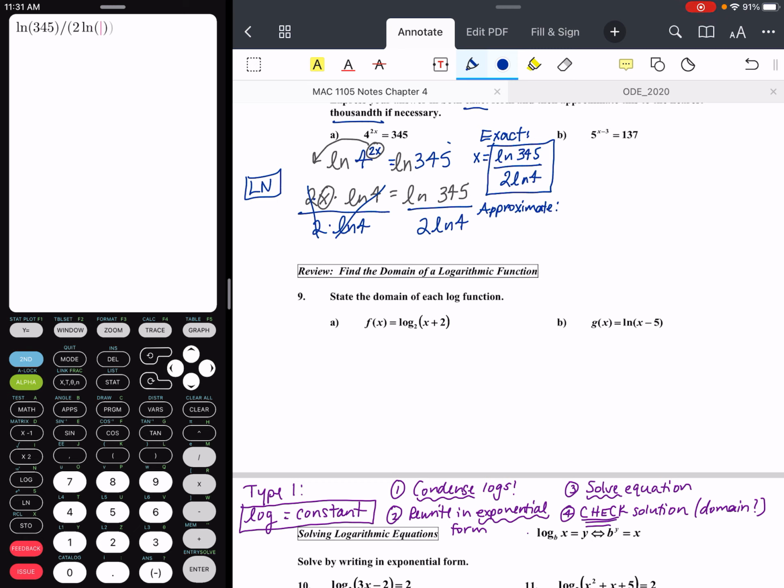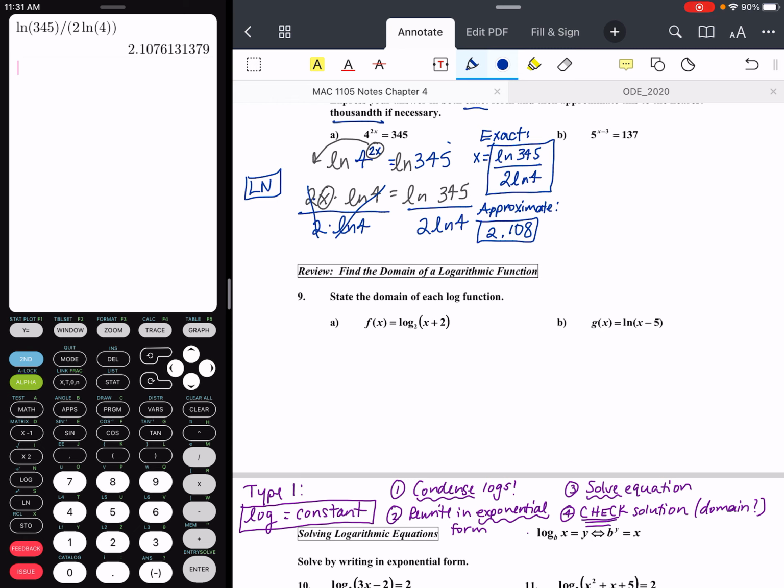When in doubt, use your parentheses. 2 times the natural log of 4. Scoot out of there and put my parentheses and hit enter. So it's approximately equal to 2.108, rounding to 3 decimal places.